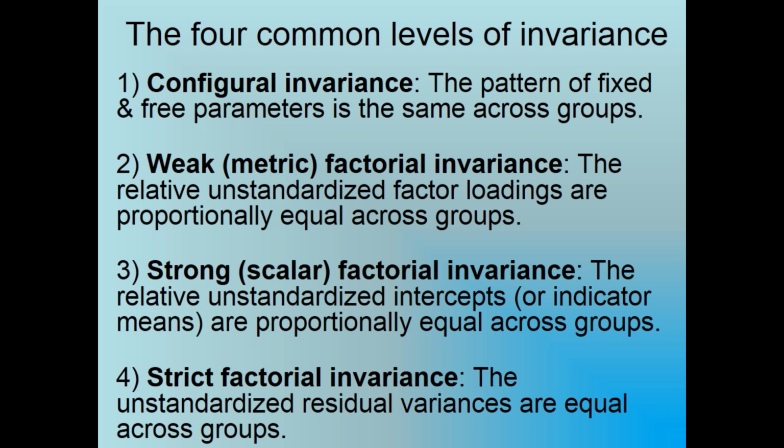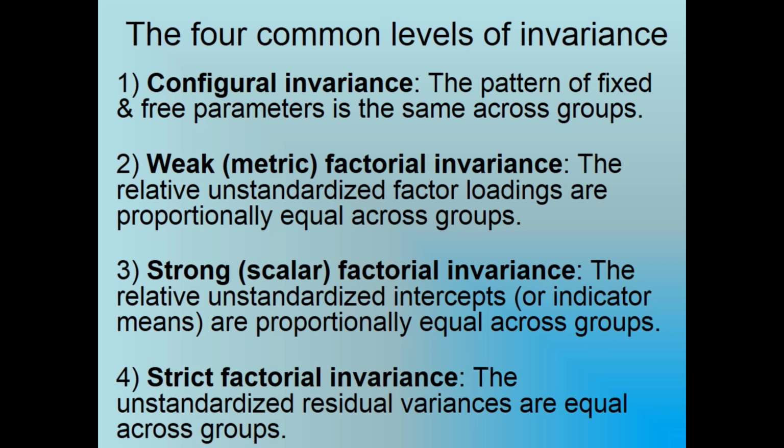Your metric factorial invariance model, also called your weak factorial invariance model, basically requires your unstandardized factor loadings to be equal across the groups. So basically the contribution of every item on the factor is the exact same.